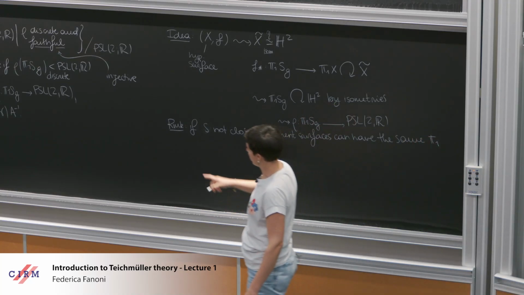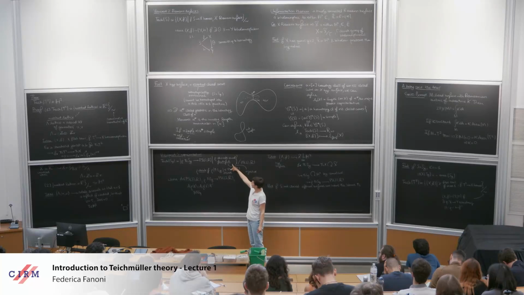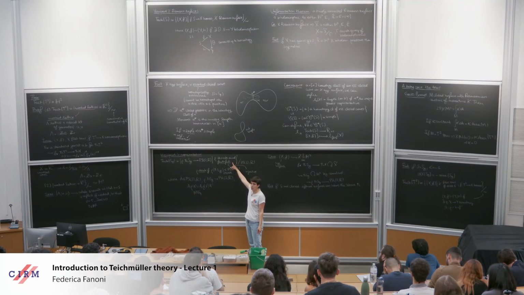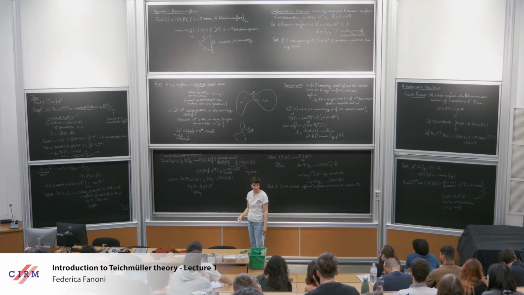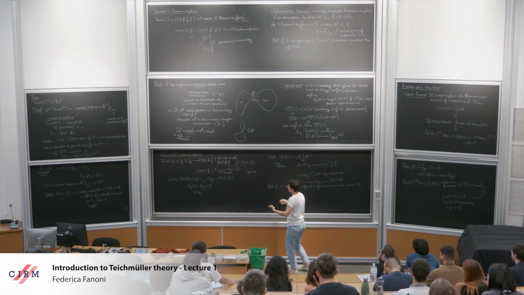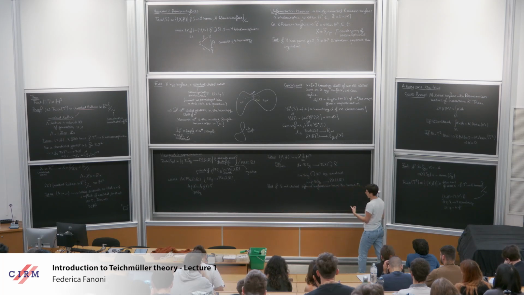And so we will need to be careful, and we cannot choose all of the discrete and faithful representations. There will be more conditions to tell me that I am actually choosing something on the correct surface. I don't have the time to go into this. I just wanted to point out that this is something where we need to be careful.